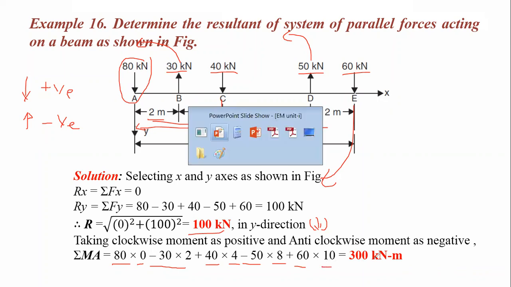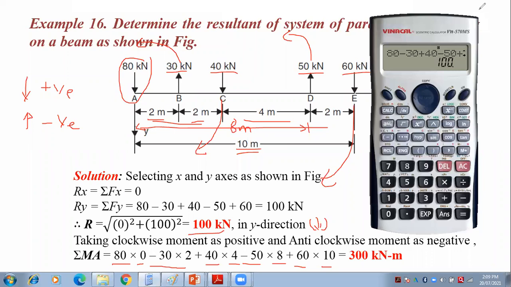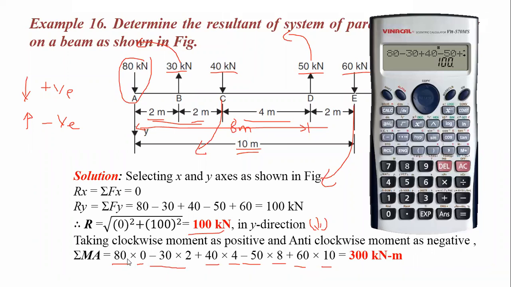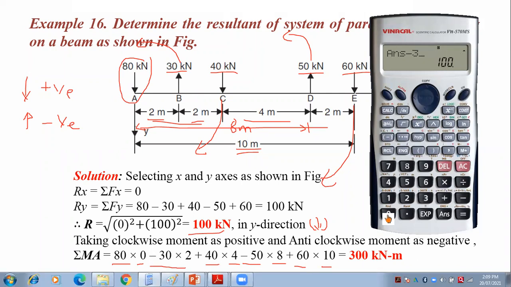Now if you solve this, the first term will be 0, because any value multiplied by 0 is 0.